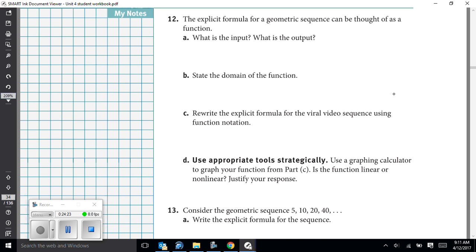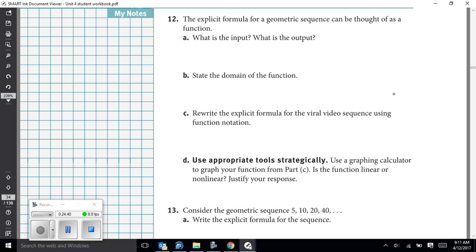So the explicit formula for a geometric sequence can be thought of as a function. What is the input? What is the output? So what's going into the function? Okay, so which term?